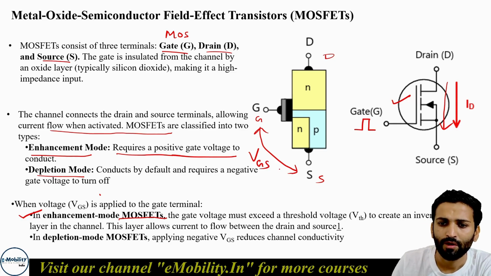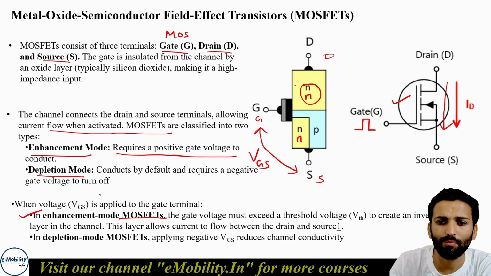The basic construction of a MOSFET is like this. There is an N type semiconductor substrate, and in between there is a P type semiconductor. As soon as a positive voltage is given to the VGS, a channel builds, an N type channel, as electrons get accumulated in the P region, and this makes current conduct through that channel.